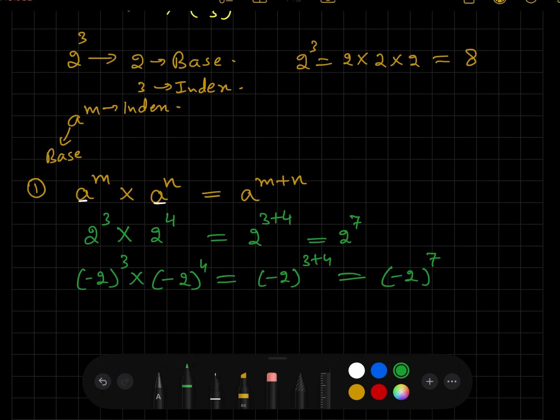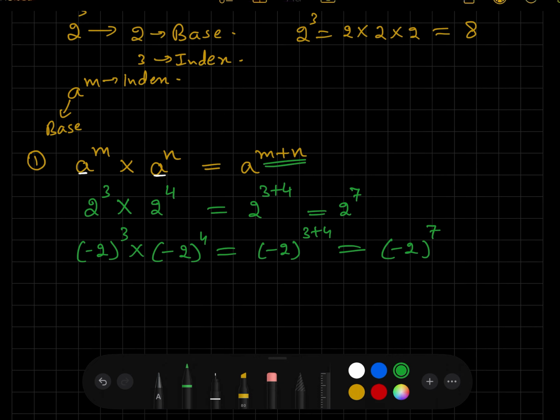Whenever the same base is raised to different powers and they are multiplied, the powers are added. If it is a fraction, we do the same thing: 1 over 2 raised to 3 times 1 over 2 raised to 4 is 1 over 2 raised to 3 plus 4, which is 7.